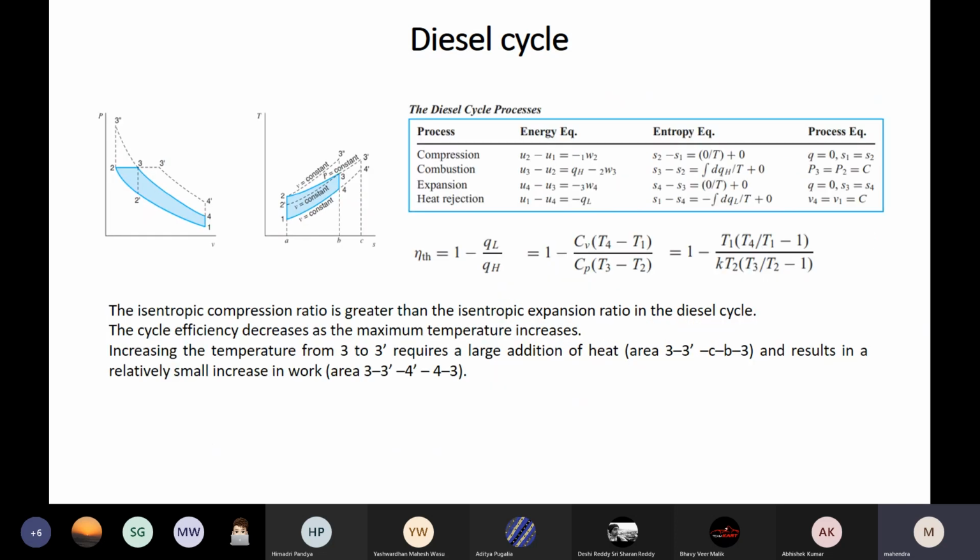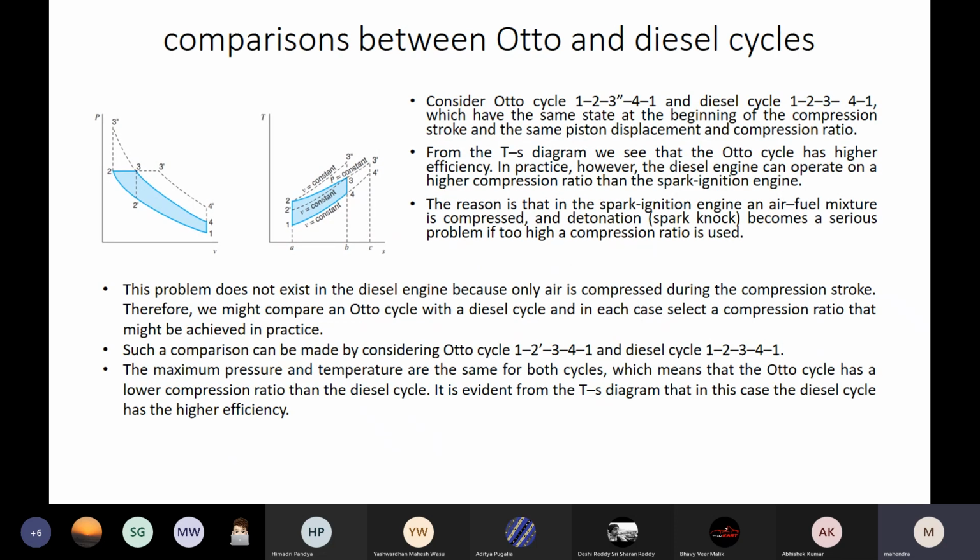And here we have explained the equations, with the energy equation as well as the entropy equation for each process. Based upon that, your efficiency can be calculated. Now let us see which one will be better, the Otto cycle or the diesel cycle. That depends upon the fuel actually, which is not in your hands.